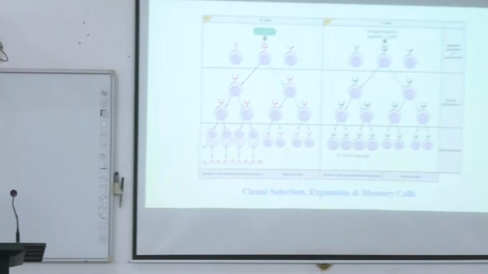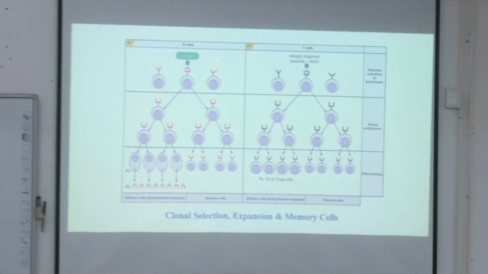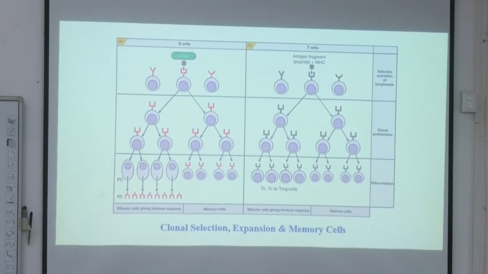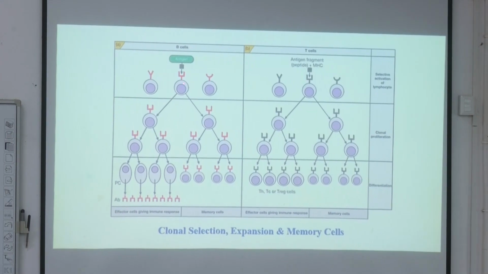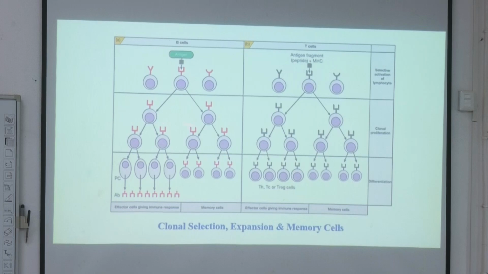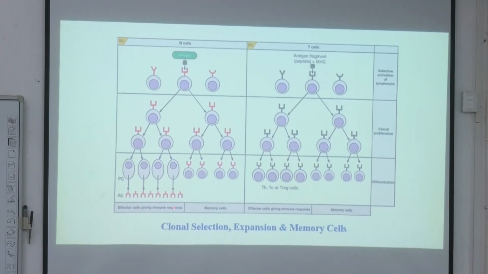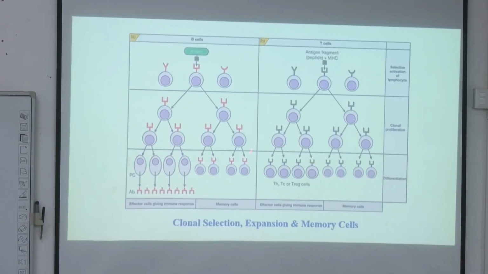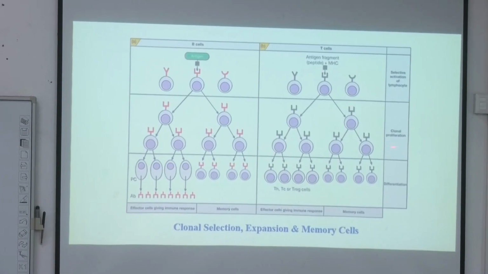I am giving you another example. There are three types of receptors, but only the cell having the particular type of receptor will combine with the antigen, and that will undergo clonal expansion, and part of the cells will form the antibody, and the rest will remain as memory cells.